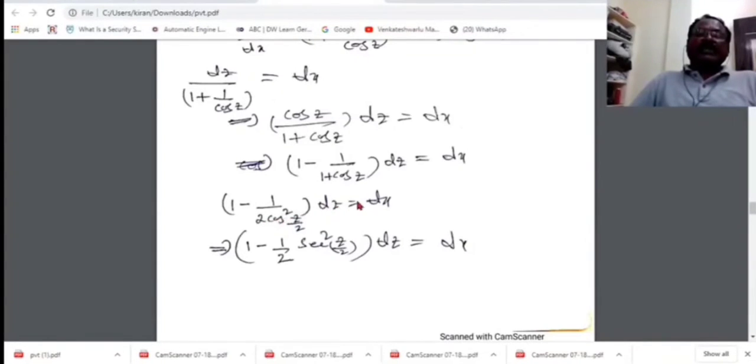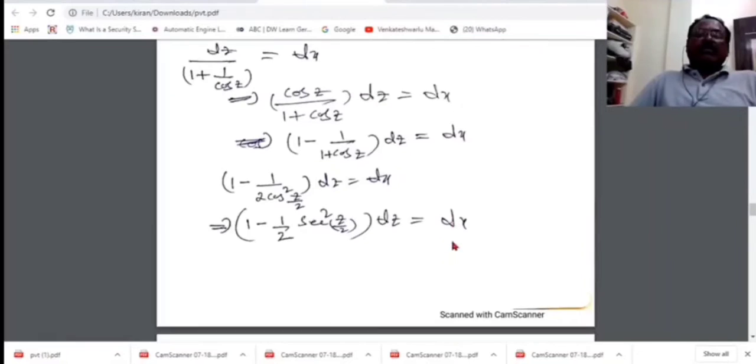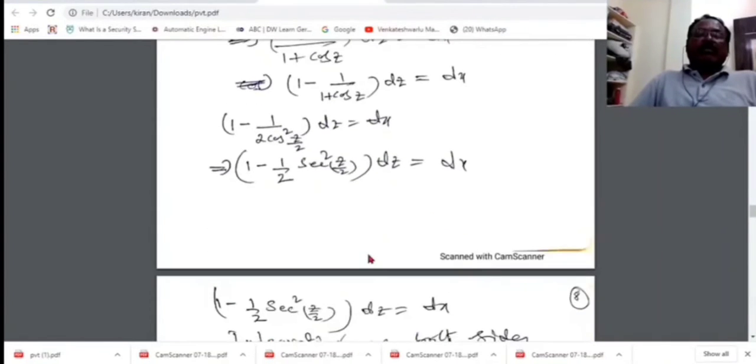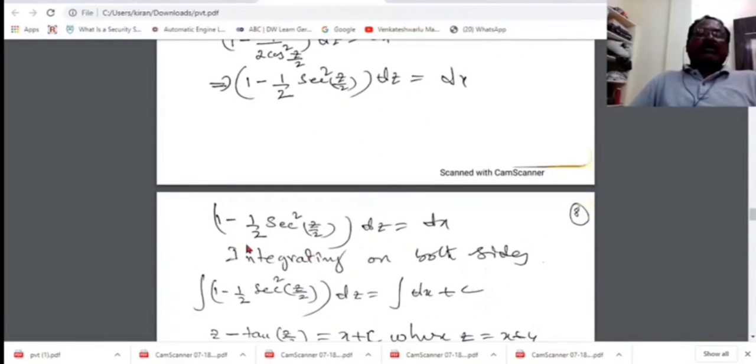So 1 minus 1 by 2 of cos square z by 2, whose reciprocal is sec square, so (1 minus 1 by 2 sec square z by 2) dz is equal to dx.